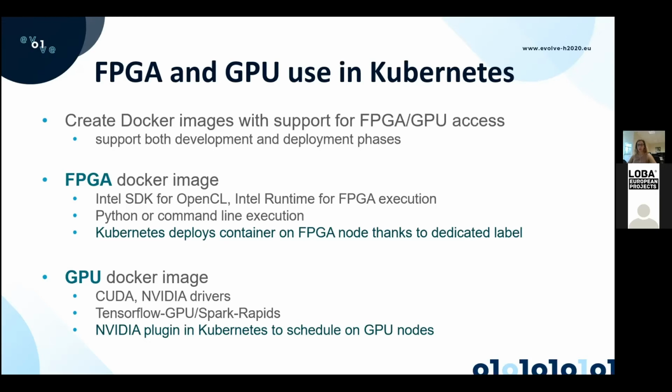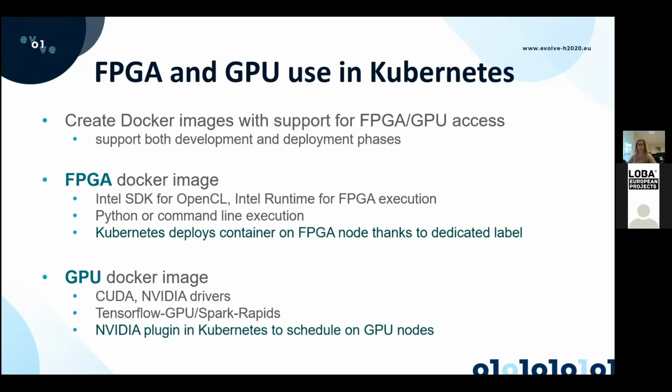For the FPGA Docker image, we have installed an Intel SDK for OpenCL for development purposes, and also the Intel runtime for FPGA execution. FPGA applications can be run either from the command line or within Python, with the additional overhead of the user building a custom interface for calling the accelerator.